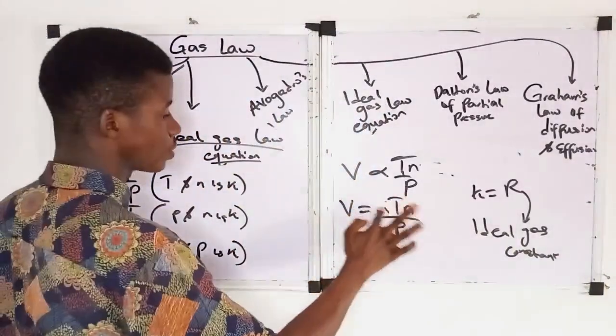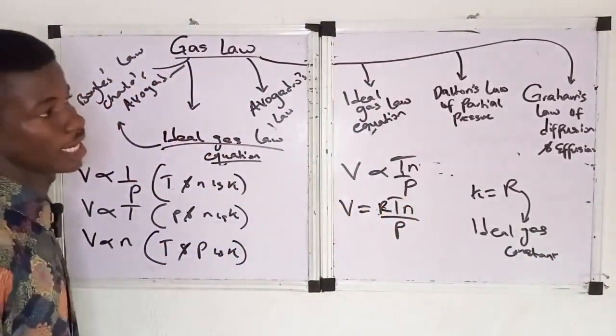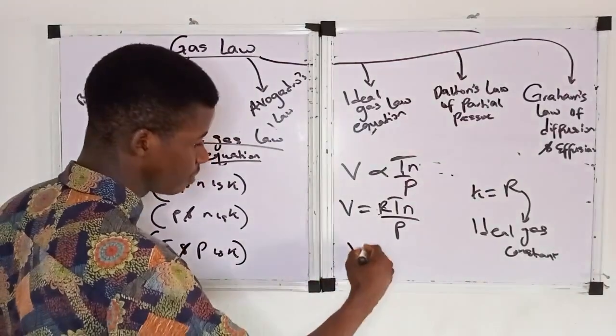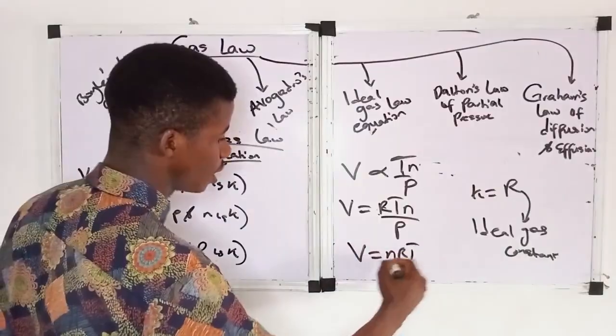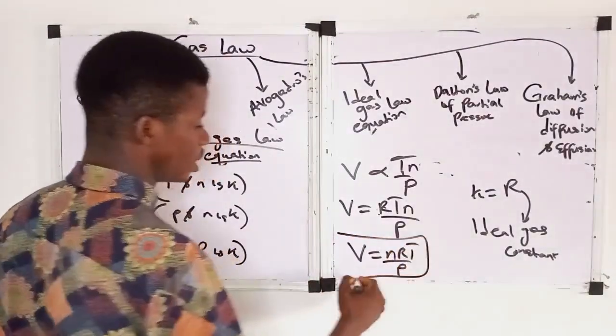So in place of K, I'll put R. So this is the ideal gas equation, which, if I rearrange it, can be V equals nRT over P. This is the ideal gas law equation.